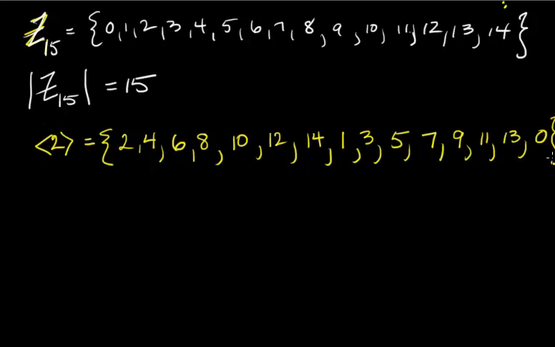So you see that under addition mod 15, 2 generates the entire group. And you will see that this is true of any of the numbers that are relatively prime to 15.